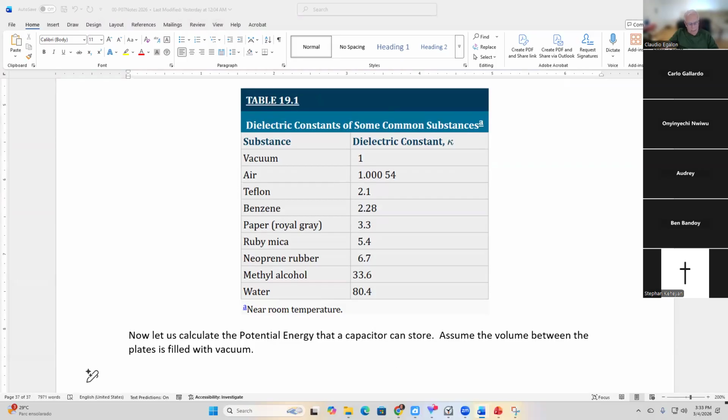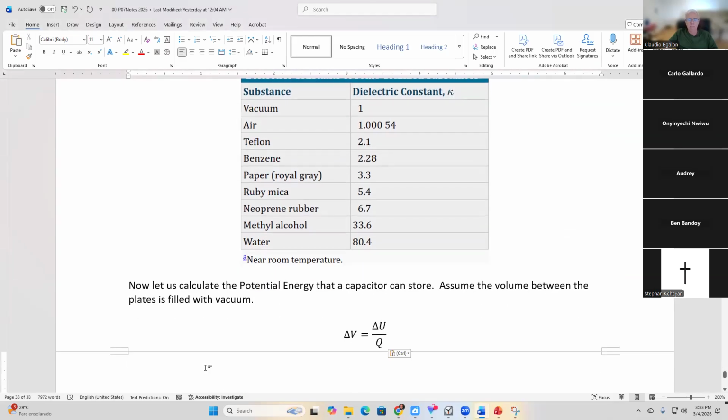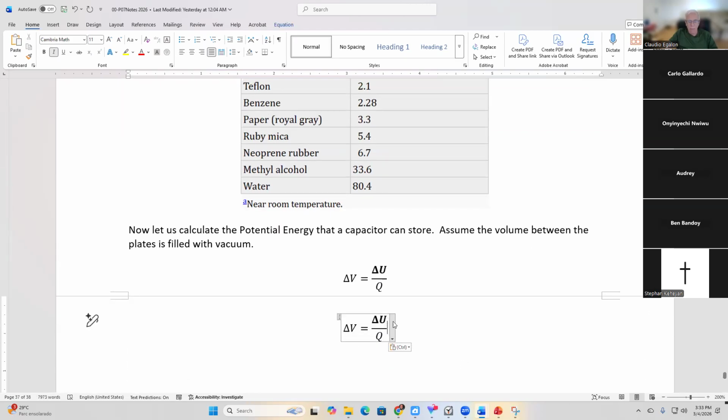We go back to the definition of electric potential. The difference of electric potential is equal to the difference in electric potential energy divided by the charge. Don't forget, the potential energy is what we want to calculate, and in order to do that, we have to isolate it.